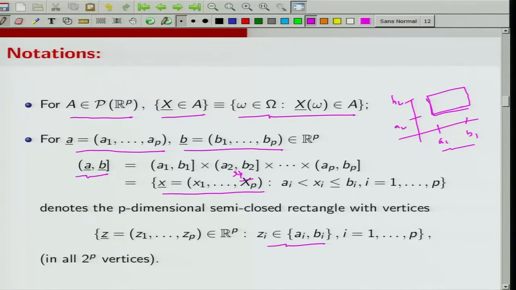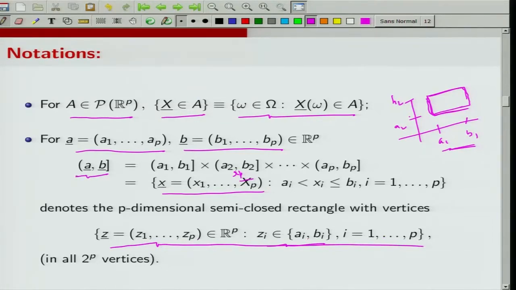For example, this is a 2-dimensional rectangle. What are the vertices over here? (a1, a2), (a1, b2), (b1, a2), (b1, b2). So, in general a vertex is of the type (z1, z2), where z1 is either a1 or b1 and z2 is a2 or b2. So, when I am dealing with p dimensions, my typical vertex would be (z1, z2, ..., zp), such that zi is either ai or bi.